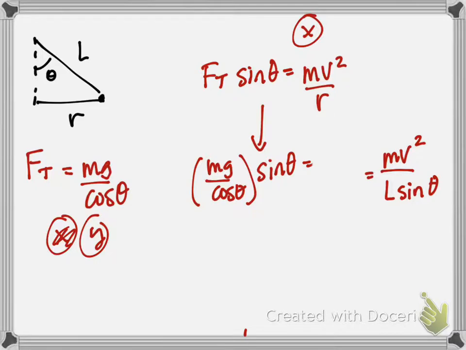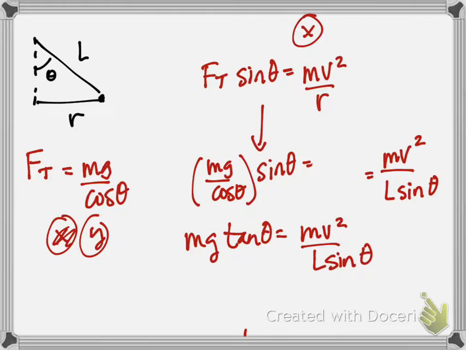So I know you want to cancel out the sine theta. You cannot do it. What you can do is, on the left-hand side, realize that sine over cosine is equal to tangent. So my left-hand side becomes mg tangent theta equals mv squared over L sine theta. You might not be surprised to find that the mass cancels out.